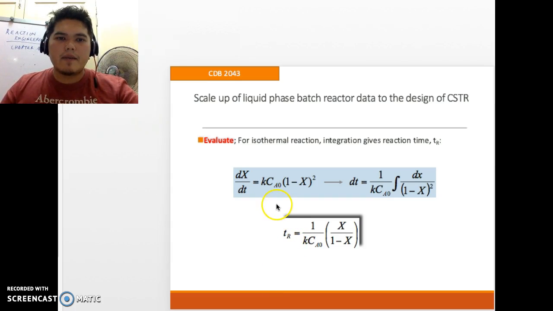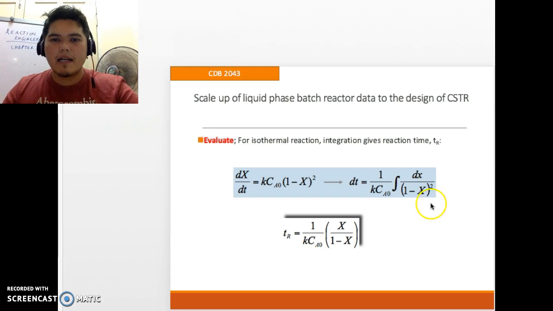The next step is that you need to evaluate. This is what we are going to do in chapter 4, where you already have this term, dX/dt equals K CA naught (1 minus X) squared. Then when you rearrange the equation, it becomes dt equals 1 over K CA naught integral of dX divided by (1 minus X) squared.